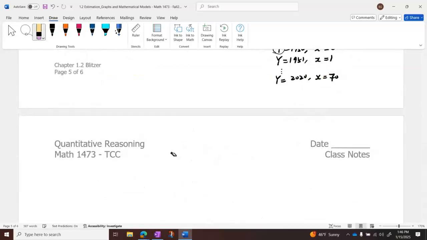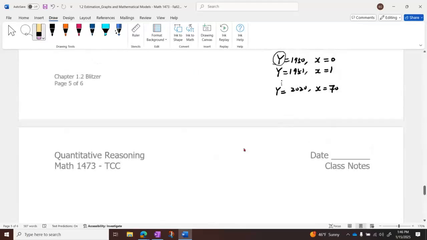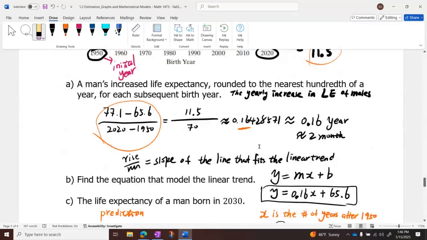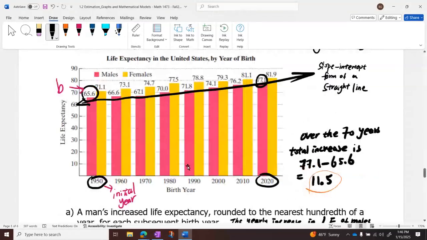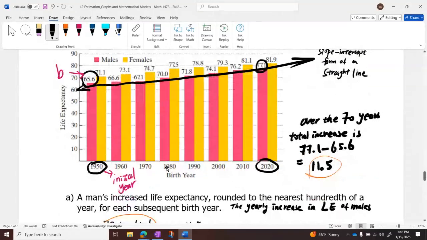Let's see how we use our linear model here to predict the life expectancy of a male born in 2030. The year here is in the future. We don't know from the given information, because that information is from the past. 2030 is in the future.